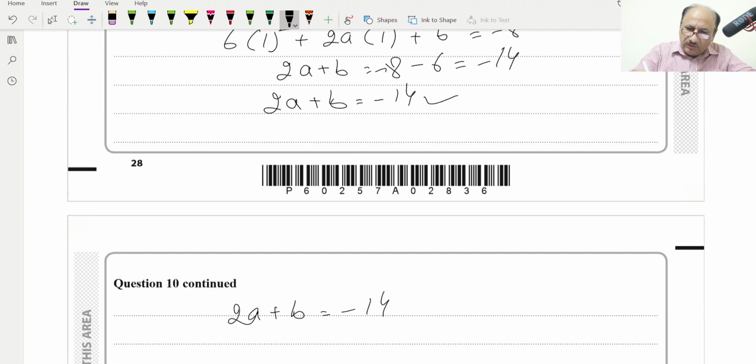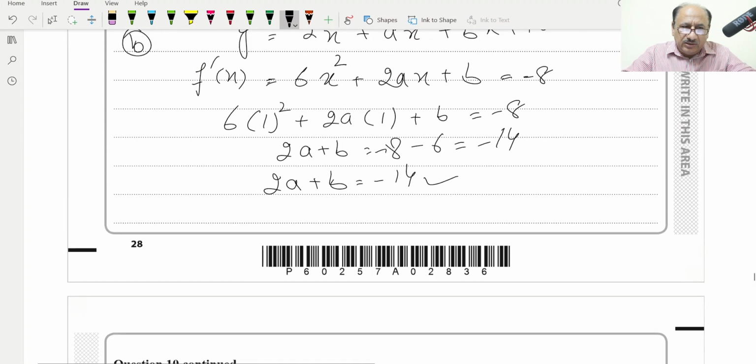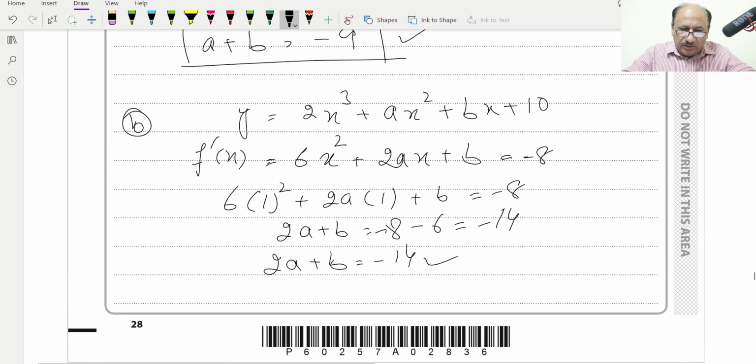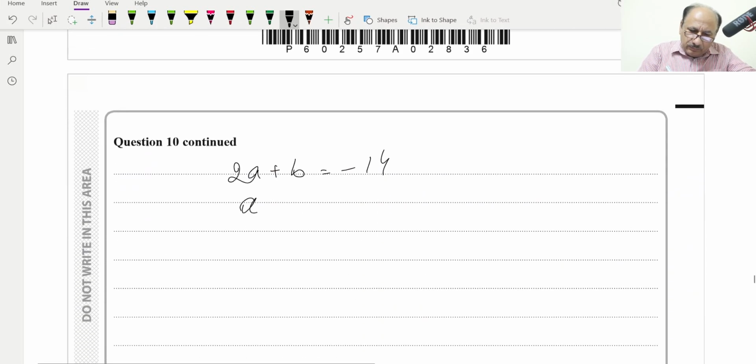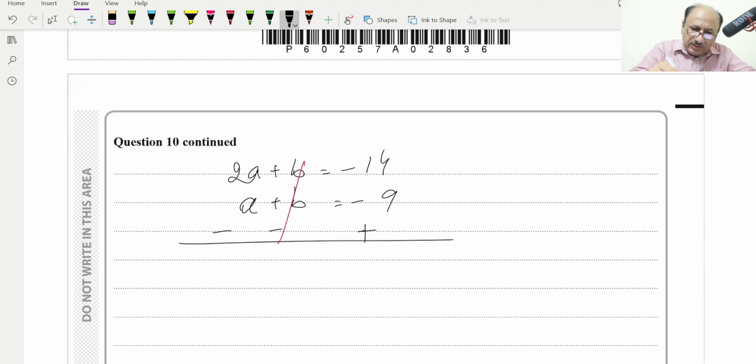The second equation is a plus b is equal to minus 9. Now we can subtract, changing signs. The b terms cancel, and a is equal to minus 14 plus 9, which is minus 5. So a value is equal to minus 5.